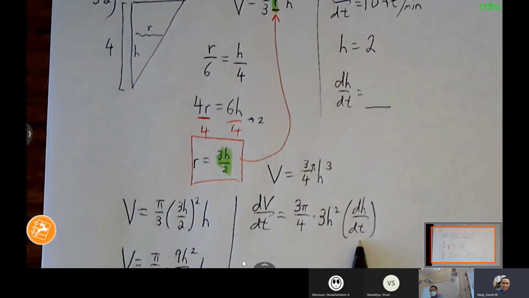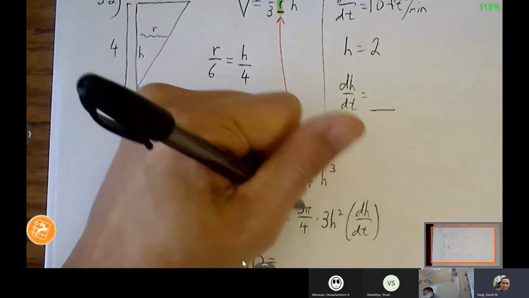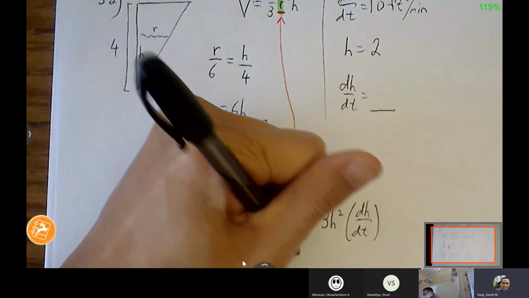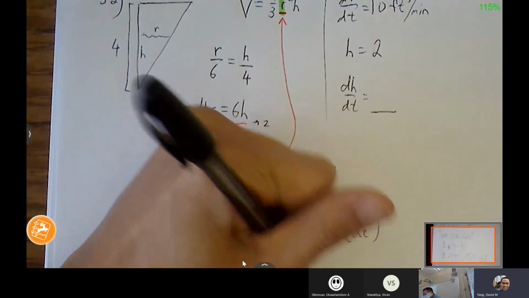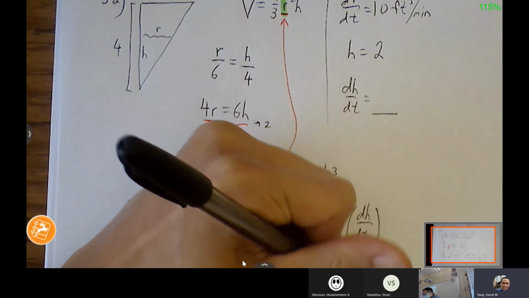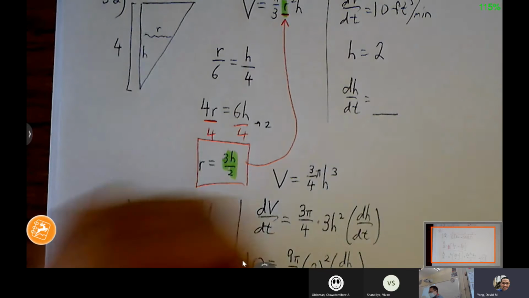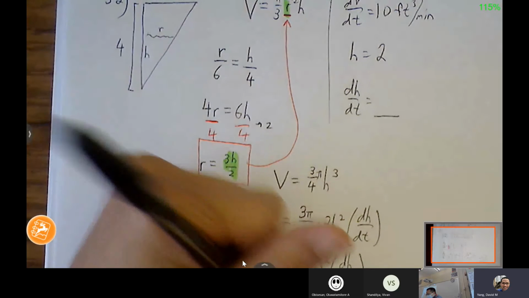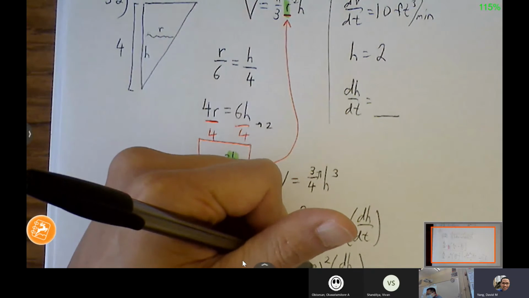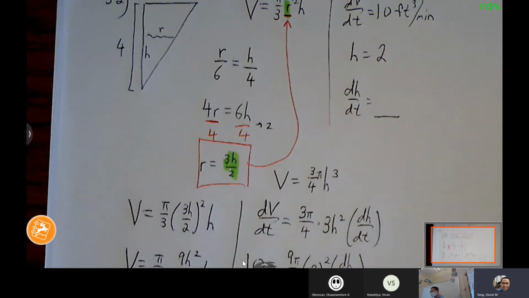Right? This combines. This cleans up a little bit here. Just 9 pi actually. The 4's cancel out.